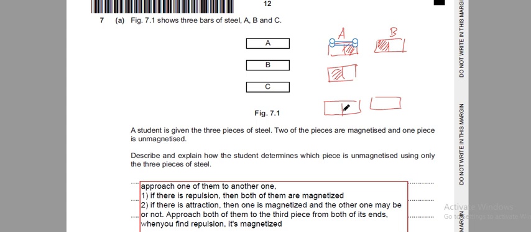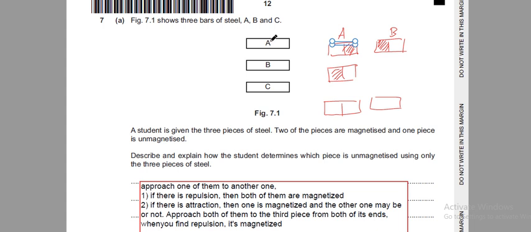a magnetized piece. So we can first use A, approaching it to B from both of the two ends of A. If we have repulsion with B, then both A and B are certainly the magnetized pieces and C is the unmagnetized.